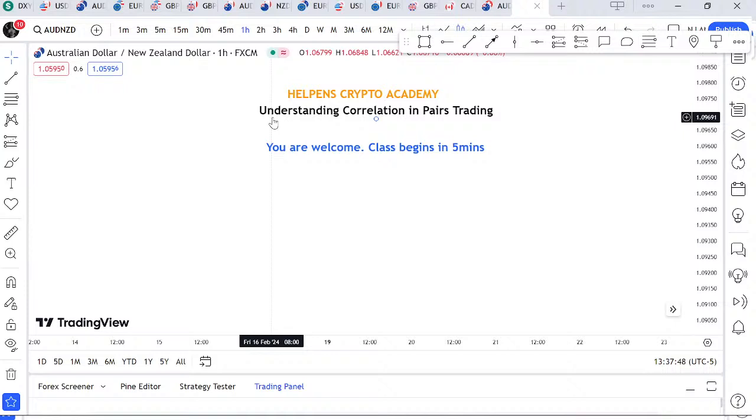Last week we defined what correlation is. We looked at the types of correlation, and I gave us a chart example of positive correlation. Today we are going to continue from negative correlation. But first, a brief recap for those who are just joining.